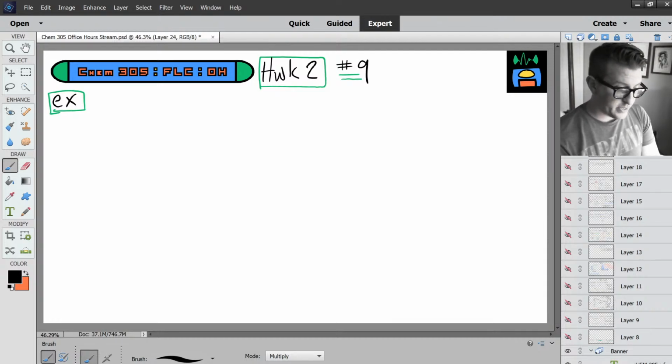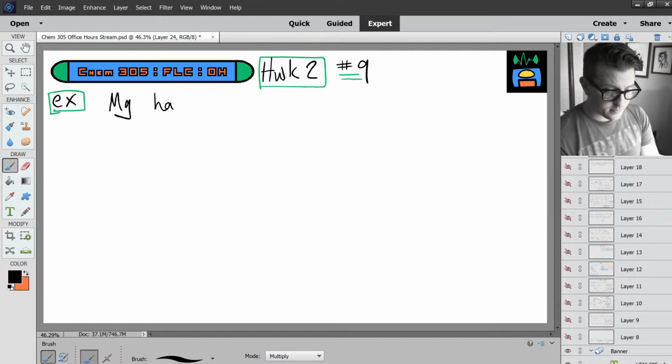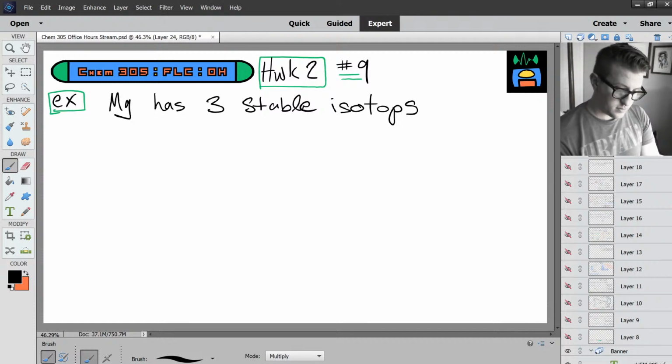This one's actually a little bit harder than that one. Magnesium has 3 stable isotopes.